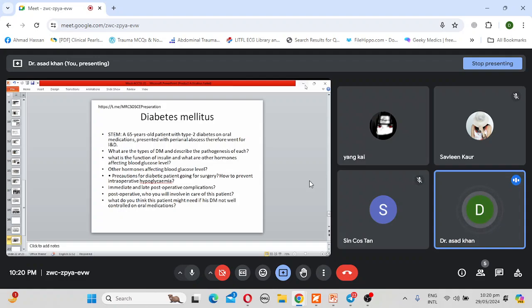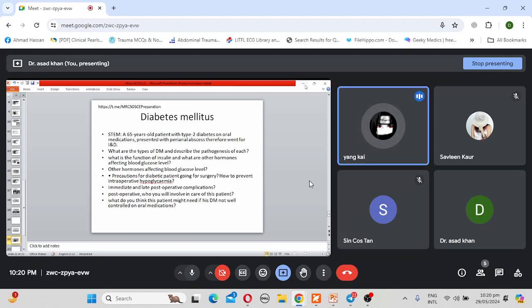Now, what are the immediate and late post-operative complications of hyperglycemia? The immediate complications of diabetes will be hypoglycemia or hyperglycemia, dehydration, and electrolyte imbalances, and also hyperglycemic hyperosmolar syndrome and diabetic ketoacidosis with ketone bodies.